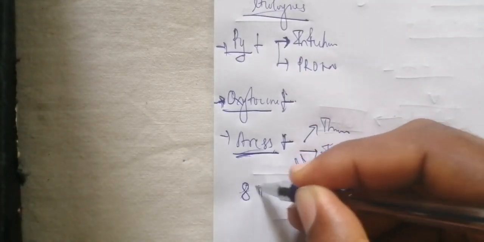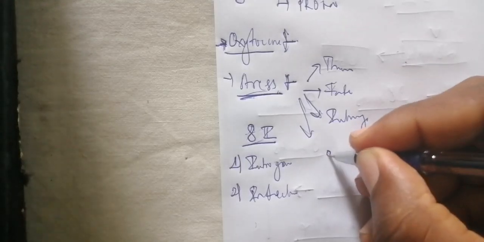Generally, there is a mnemonic for all the stress: the 8 I's. The first is iatrogenic, and the second is infection. The next 2 I's are infarction and ischemia.